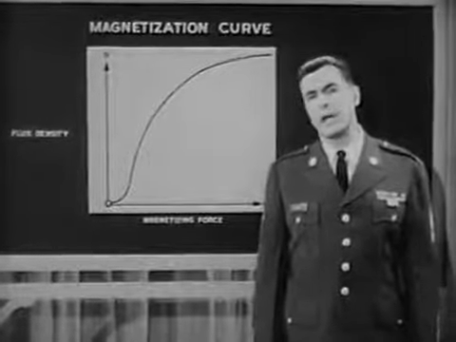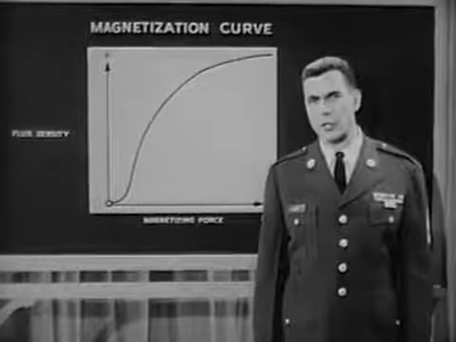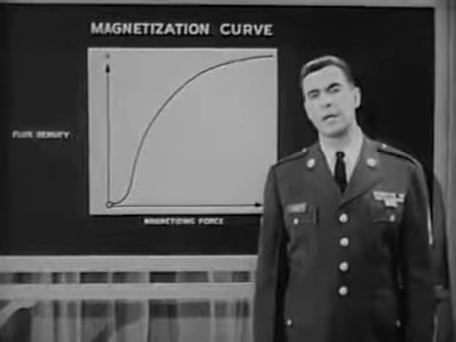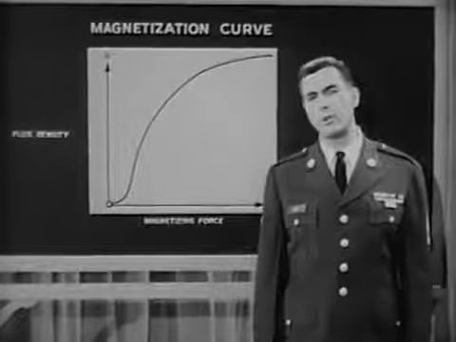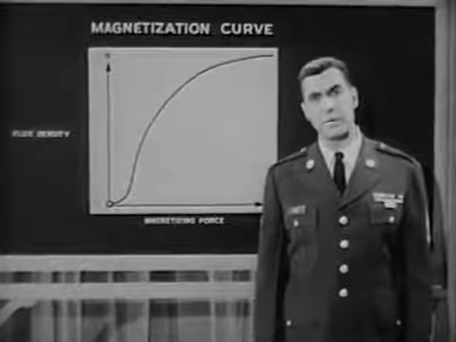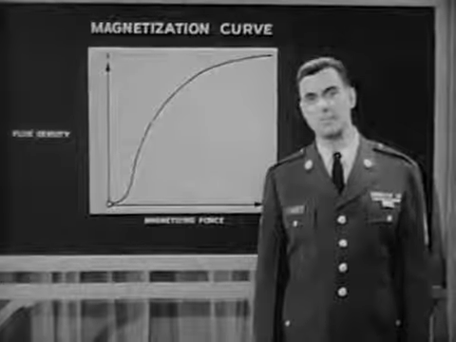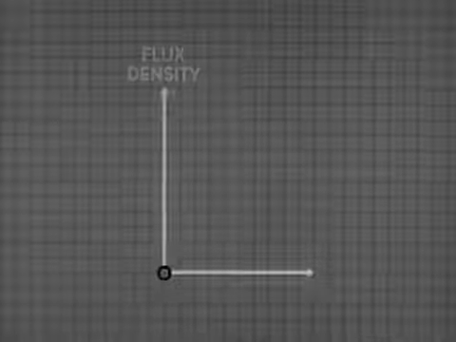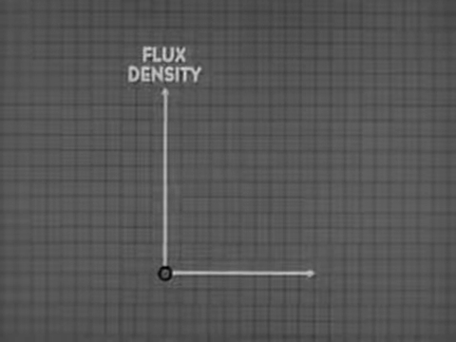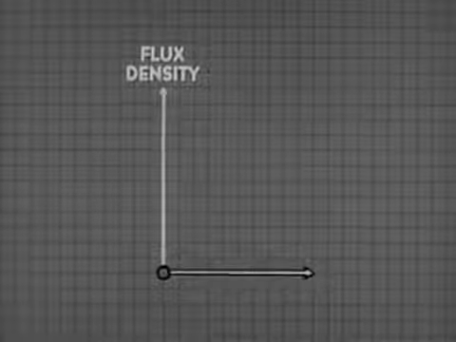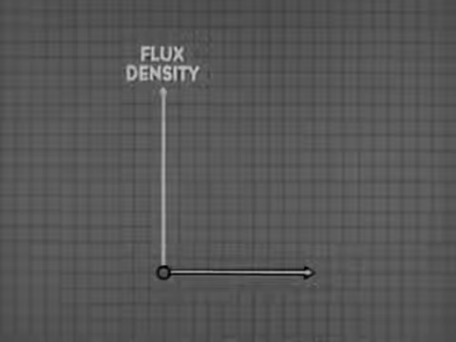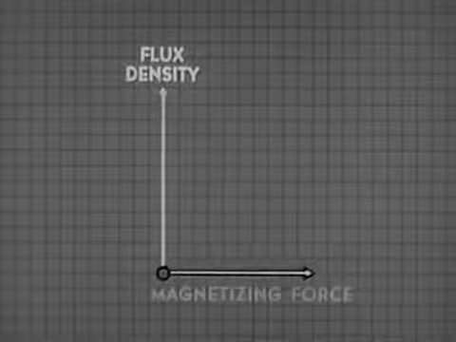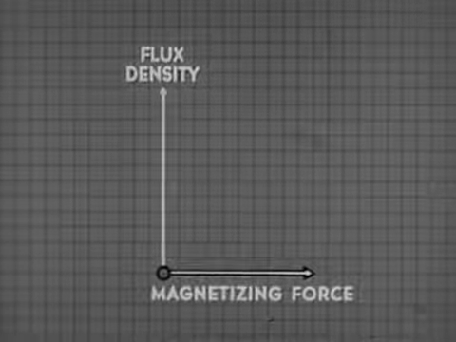We're going to take a minute and trace the magnetization curve of a core, because in this way we can point out some of the characteristics that make cores so useful. We measure the magnetism of the core in terms of its flux density, which is the number of magnetic lines of force per square inch. The horizontal axis will represent the magnetizing force of the winding.